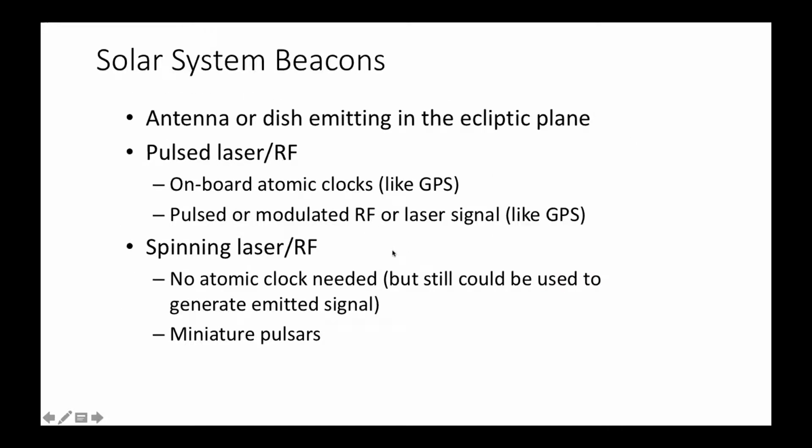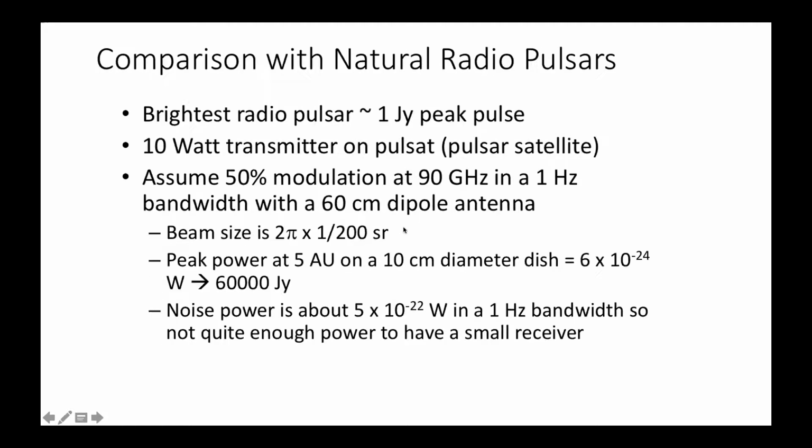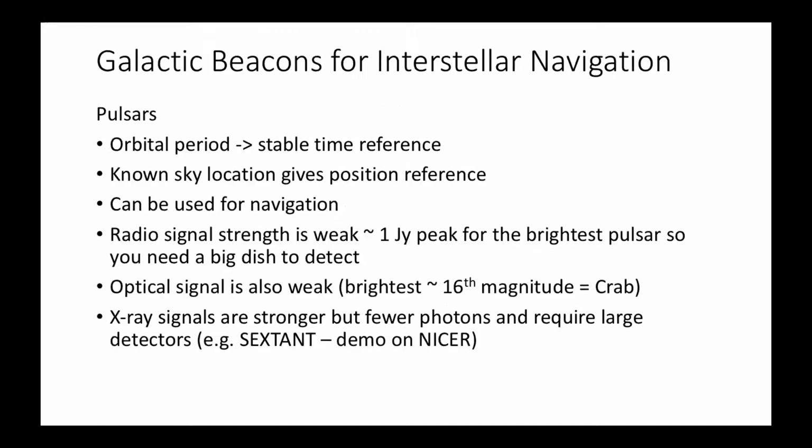So you could do this in the solar system with beacons that are spread out throughout the ecliptic plane. Since mostly we only want to travel, we usually keep traveling throughout the ecliptic plane in order to go from planet to planet. And I'm going to move quickly on through this because there's some calculations here for the signal to noise and how you would do this.